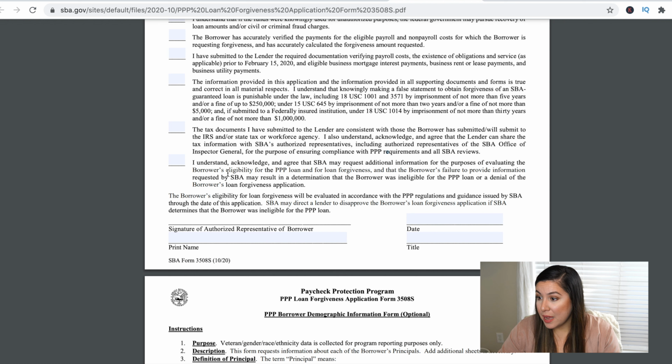I understand and acknowledge and agree that the SBA may request additional information for the purpose of evaluating the borrower's eligibility for the PPP loan and the loan forgiveness, and that the borrower's failure to provide information requested by the SBA may result in a determination that the borrower was ineligible for the PPP loan or a denial of the forgiveness application. So there you go, guys.